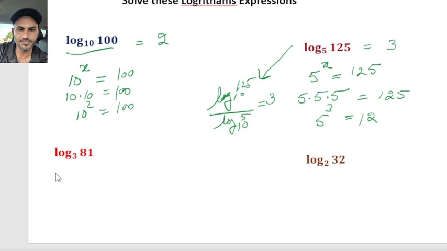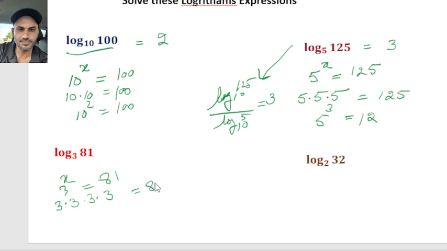This one, we're going to do the same thing, log of 81 with base 3. We're taking 3 to the x equals 81, okay? We're raising 3 to some power or exponent that gets us to 81. So let's get the multiples of 3. 3 times 3 is 9, times 3 is 27, times 3 equals 81.